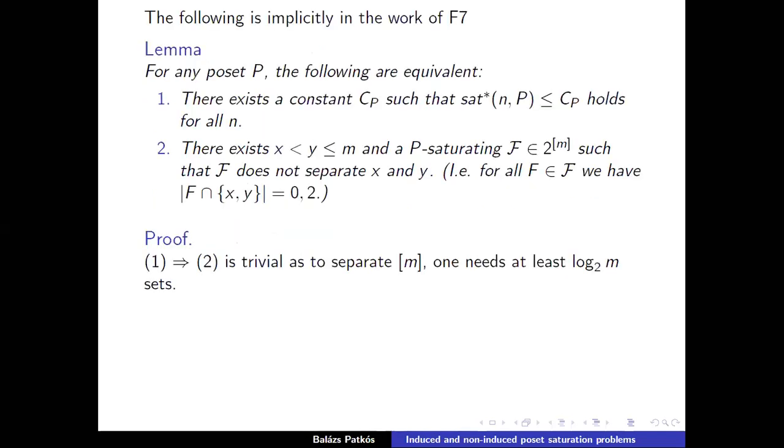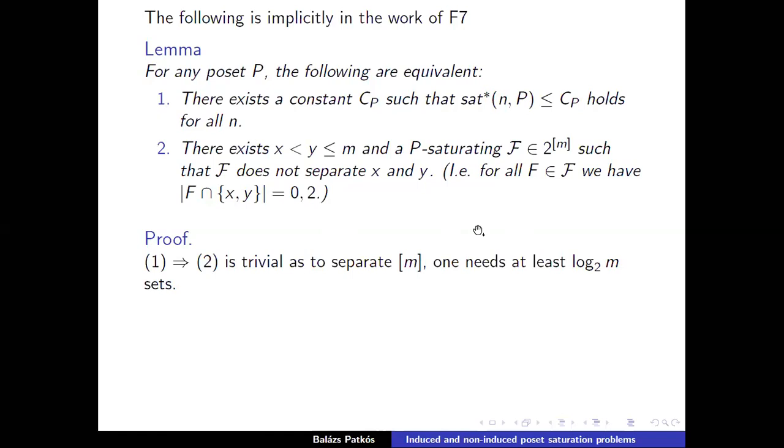Okay, so the proof actually is quite simple. There are two directions because this is an equivalent statement. Two follows from one simply by the fact that to separate all pairs of elements of a ground set of size m, we need at least log m many sets.